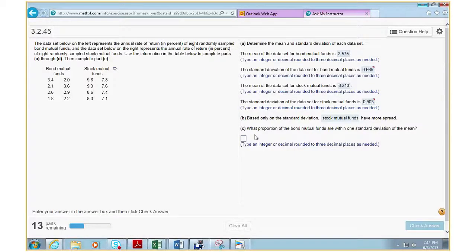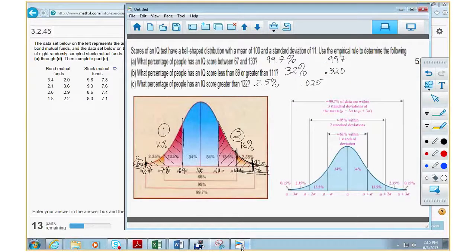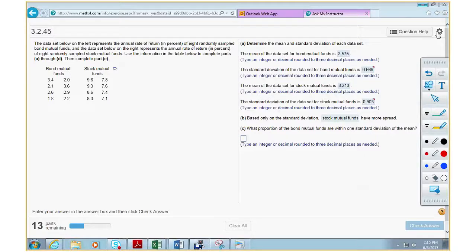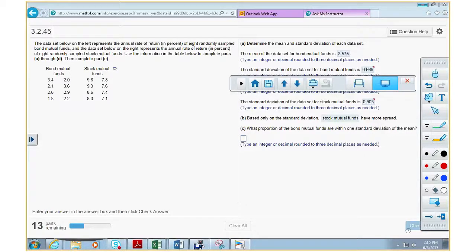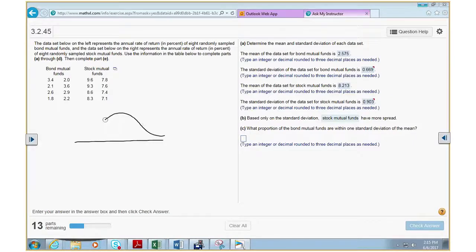Now, what proportion of the bond mutual funds, that's these, are within one standard deviation of the mean? Well, you have to do your normal curve. So put 2.575 or whatever. Draw it out right quick. Y'all going to have to use a calculator.